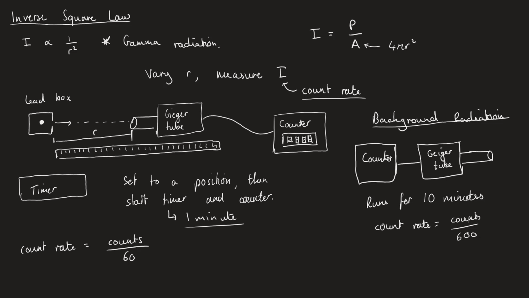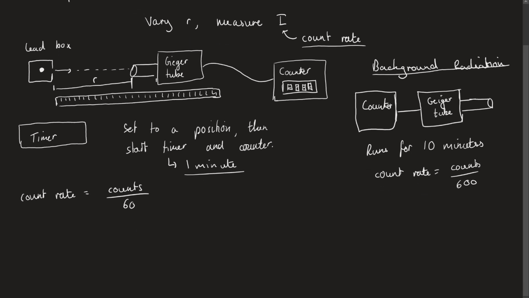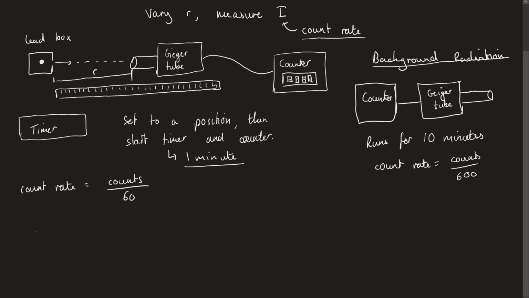Then I will do this for each of these different distances, and then I can calculate my corrected count rate, so the actual count rate that I'm going to plot. The corrected count rate is going to be the count rate due to the actual reading, so the count rate that I read, minus the background count rate.